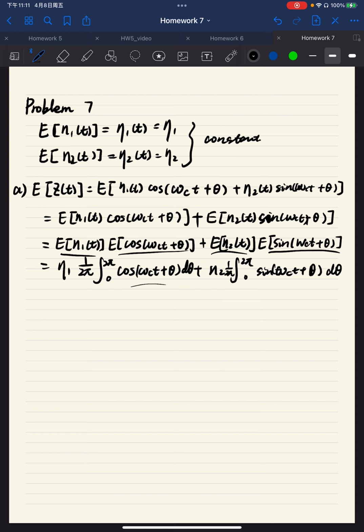Since both of these terms are integrated over a full cycle, after integration they become 0, so it becomes eta 1 times 0 plus eta 2 times 0, which equals 0. Since 0 is a constant, we know that Z(t) has a constant mean.